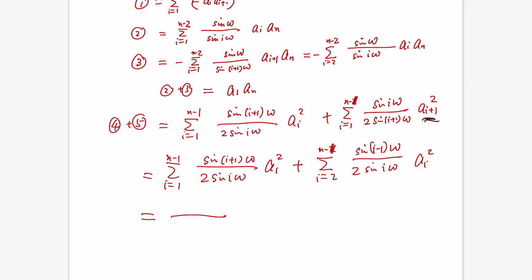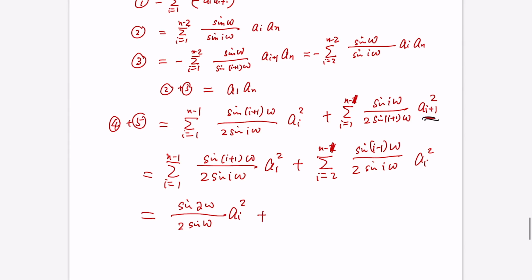So it's I from 1 is 2 sine omega sine 2 omega, AI squared. That's left separated. And then you will see that you basically have sine I plus 1 omega plus sine I minus 1 omega.